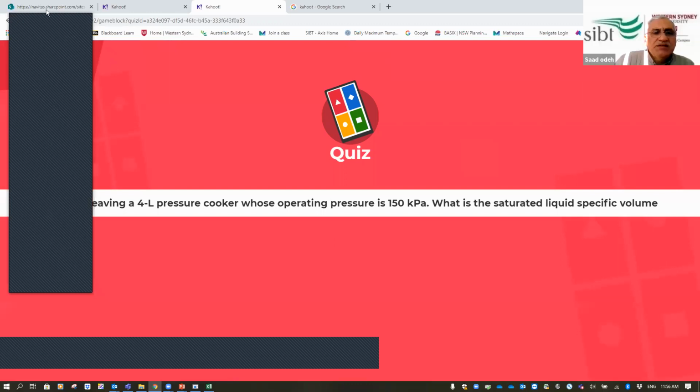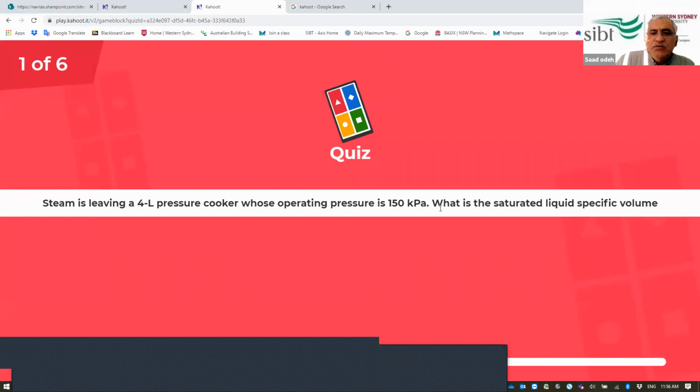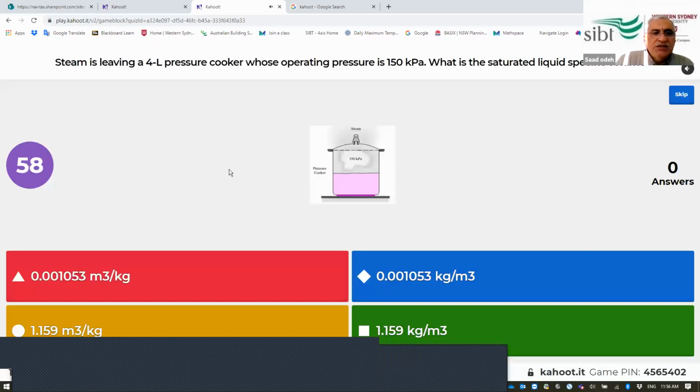Okay, so this is the question again. We have a 4-liter pressure cooker and the pressure is 150. You need to go to the saturation steam tables, table A4 or A5, and at pressure 150, find the specific volume of liquid. So I need to find VF from table A5.